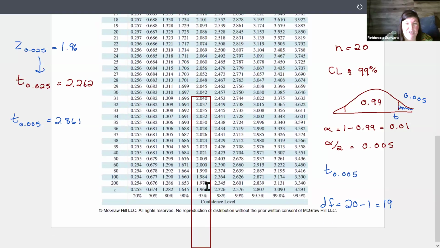Here at 60, we're at 2. At 80, we're at 1.99. At 100, we're at 1.96. At 200, we're at 1.97. So as you see, we're getting closer and closer, eventually right up to 1.96.